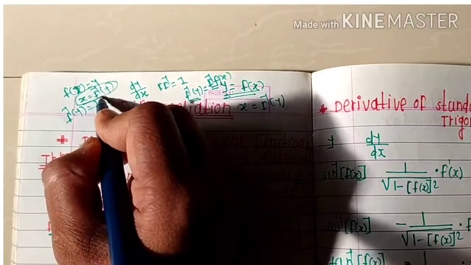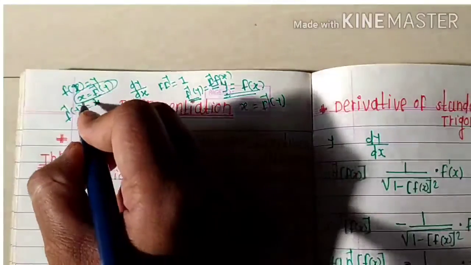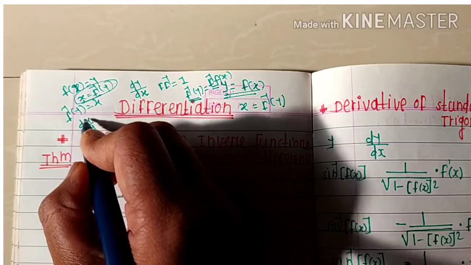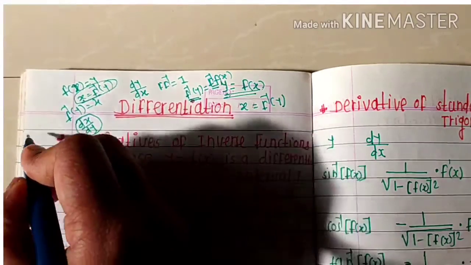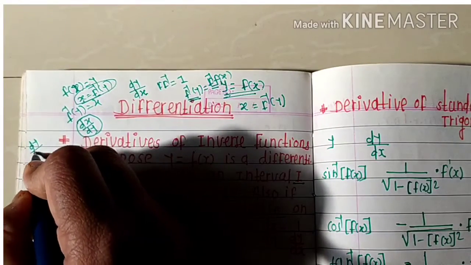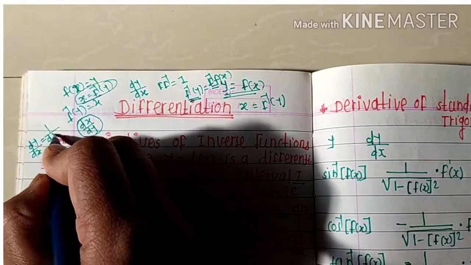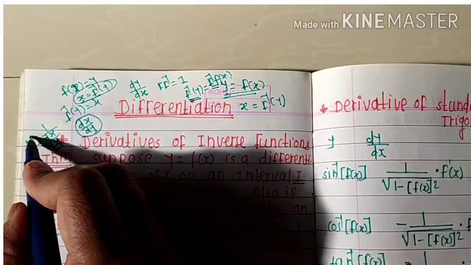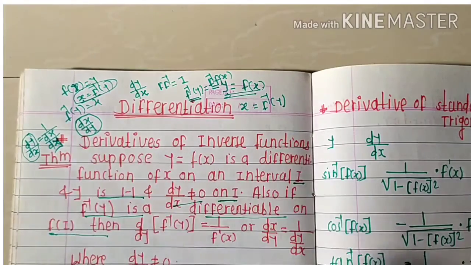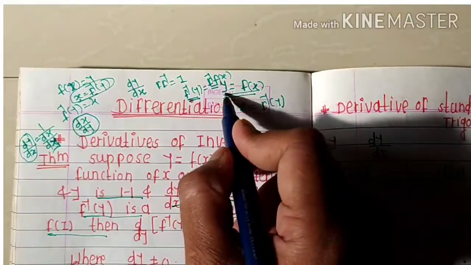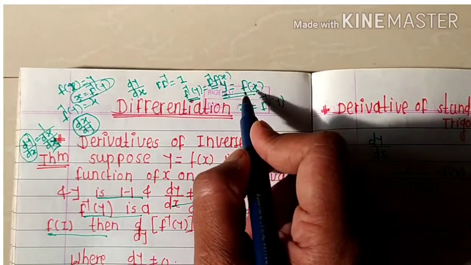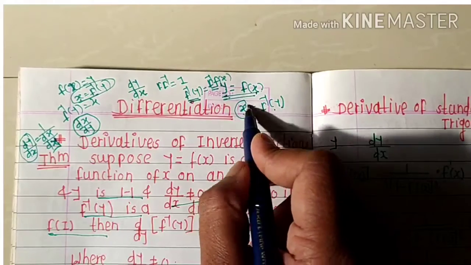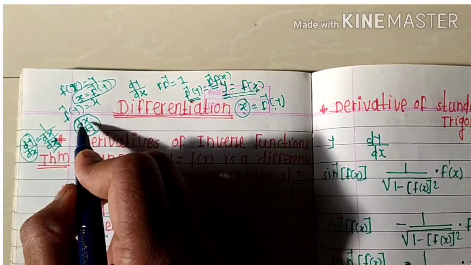So we have to express x in terms of y, and then differentiate this x with respect to y, which gives us the dx upon dy value. After getting dx upon dy, dy by dx is equal to 1 upon dx upon dy, the reciprocal. How do we obtain dy by dx in this type of example? We are first given the value of y in terms of x. From that, express x in terms of y, then differentiate x with respect to y, and we get dx upon dy.